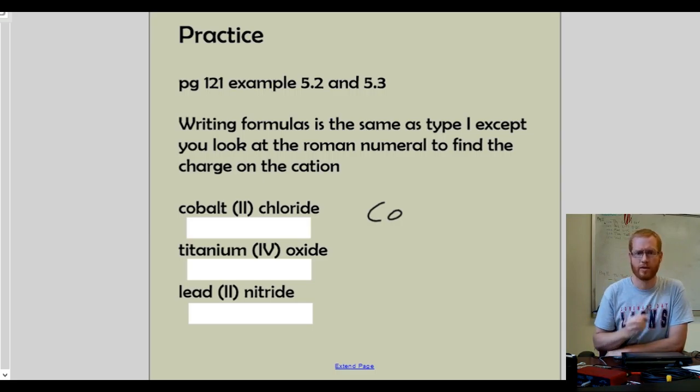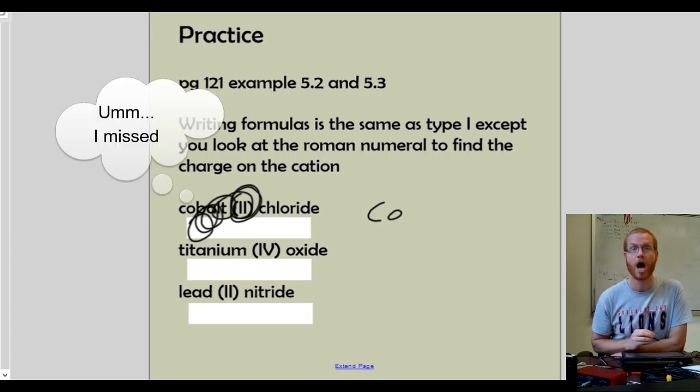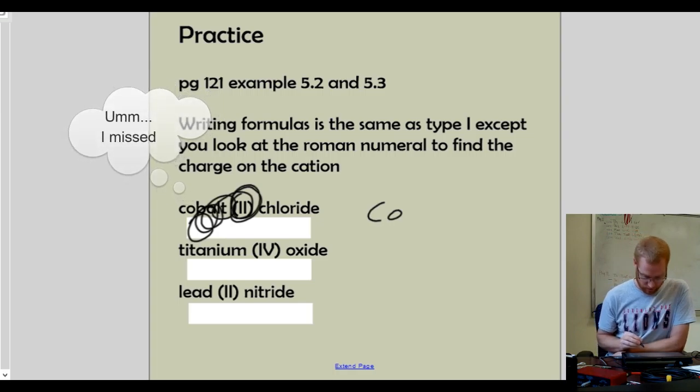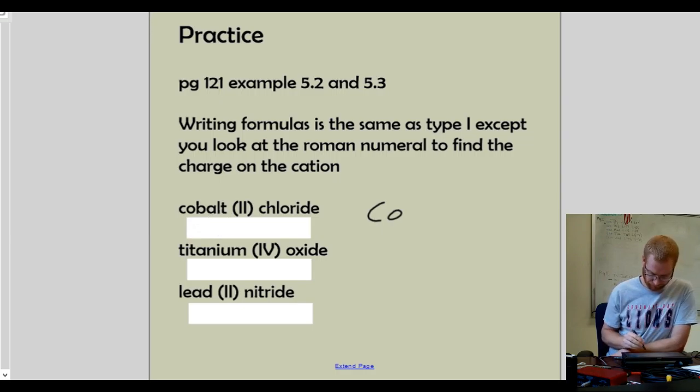I wonder what the charge is. Ooh, if only there was something in the name that told me the charge. Oh wait, there is. I kind of got off a little bit there, didn't I? I guess I should look at what I'm drawing. So anyway, cobalt 2 has a 2 plus charge.